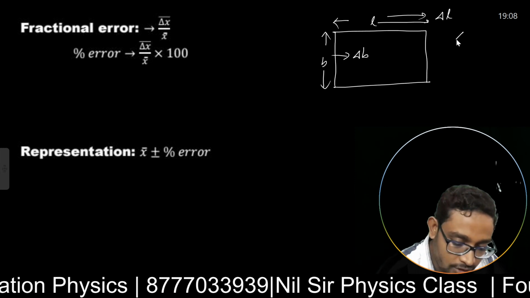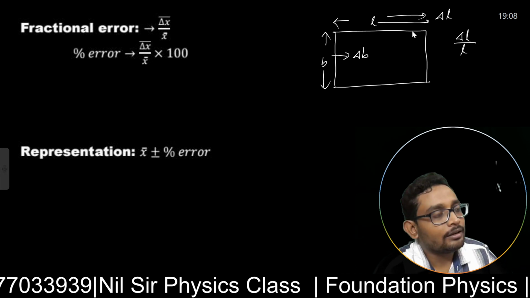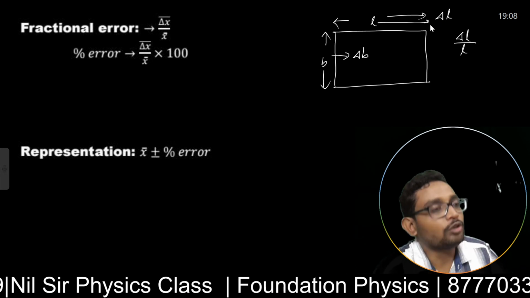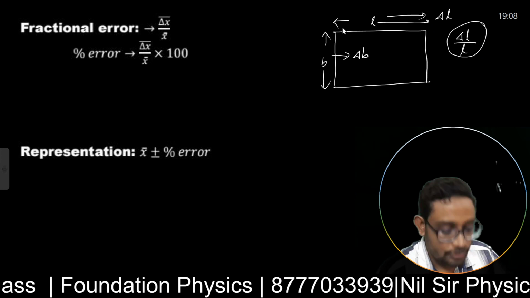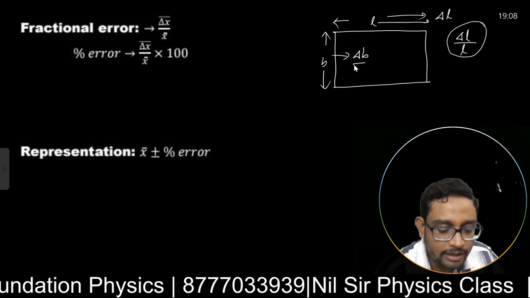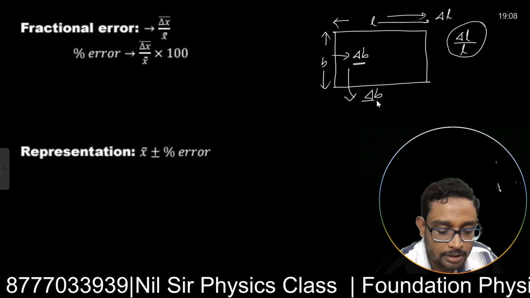It will be fractional: for delta L, what will be the fractional error? It will be delta L by L. For this one, the error delta B, the fractional error will be delta B by B.